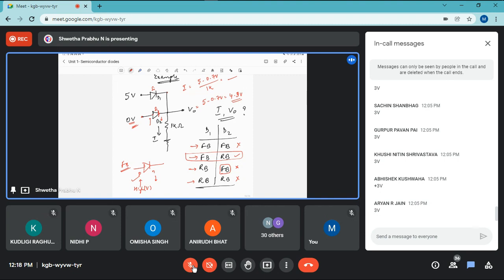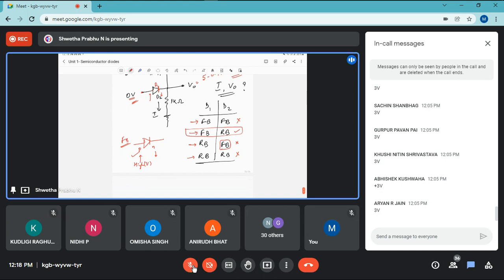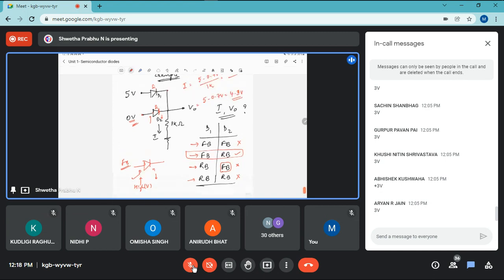Did you understand? So can you tell me, by considering this particular case, the circuit is behaving like which gate, whether AND gate or OR gate? And? No. How is it AND?